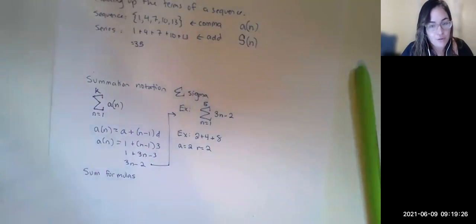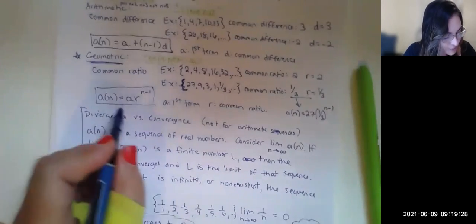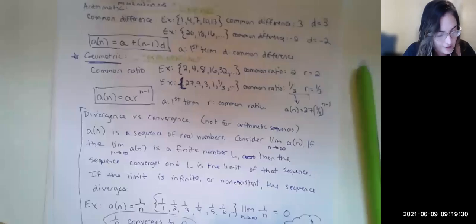Taking the formula from the first page, A times r to the n minus 1, A sub n equals 2 times 2 to the n minus 1. In summation notation, we would write the sum from 1 to 3, because we have 3 terms, of 2 times 2 to the n minus 1.